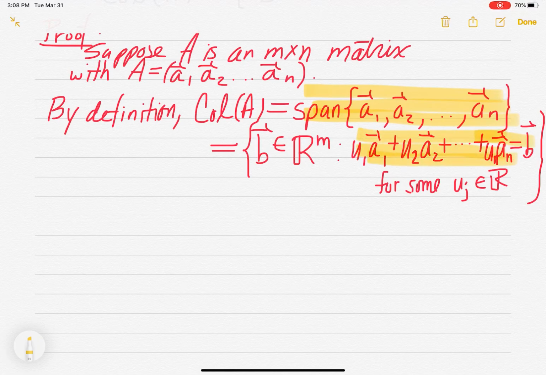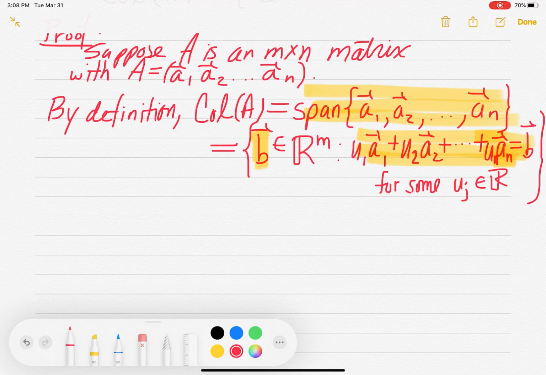I have linear combinations of the AJs, U1A1, U2A2, UNAN, and I'm just calling those linear combinations B's, vectors of the form B. So every vector B that can be written as a linear combination of the AJs is the same thing as being in the span, right?